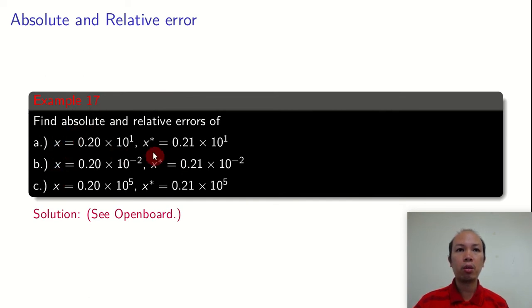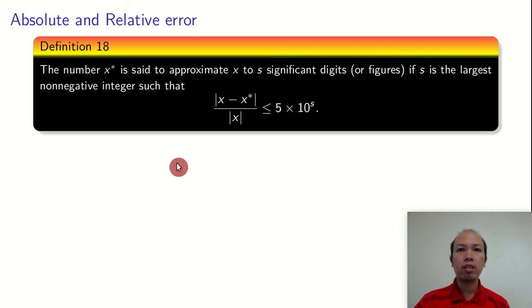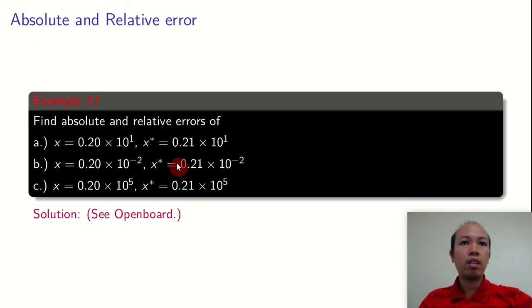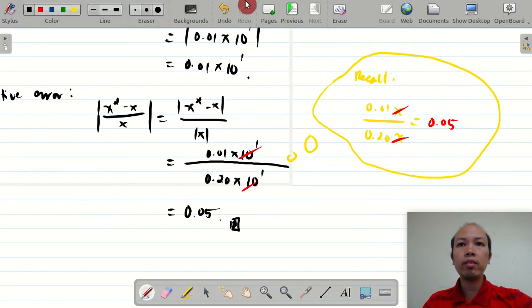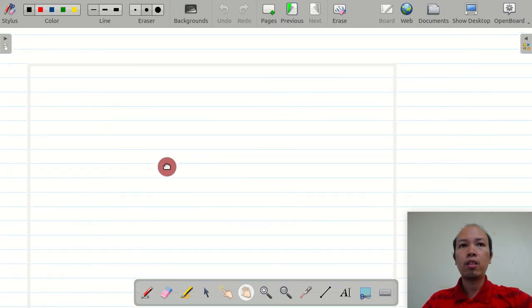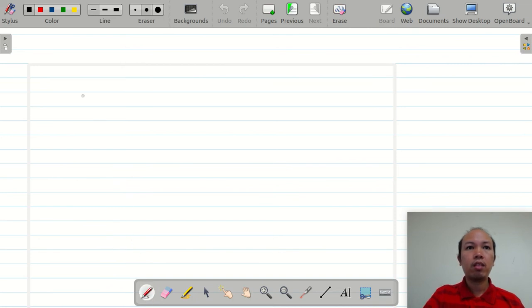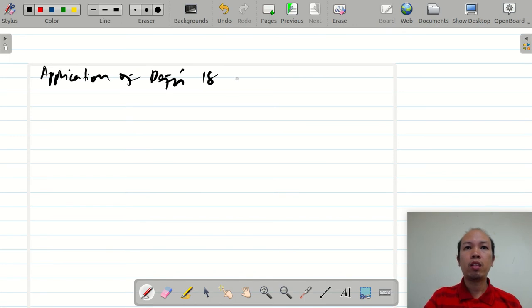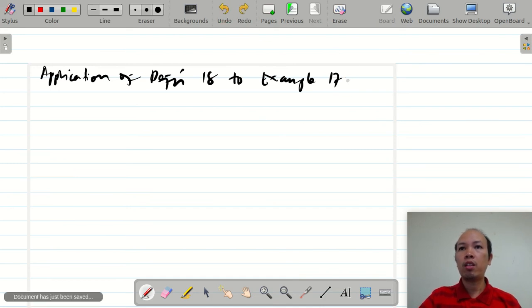So we will try to solve example 17a. This is easy. Let's open a new page here and solve the application of definition 18 to example 17, letter A.